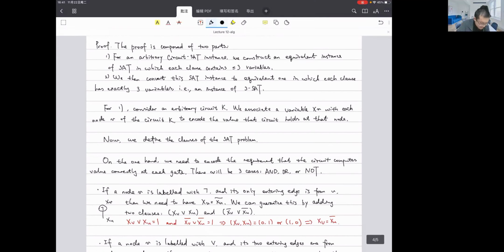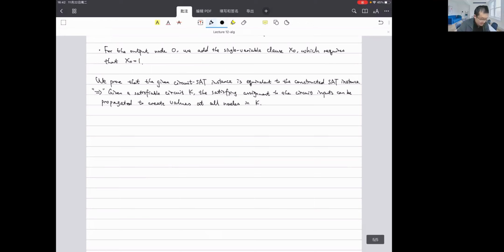So if this is a satisfying assignment, because the circuit is only going to have polynomial size, we can do this kind of propagation. The overall calculation time is going to be polynomial.